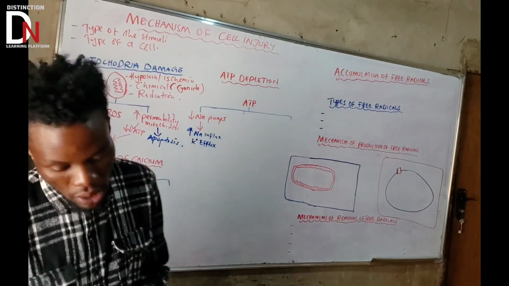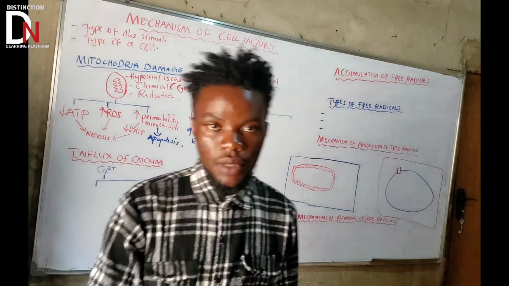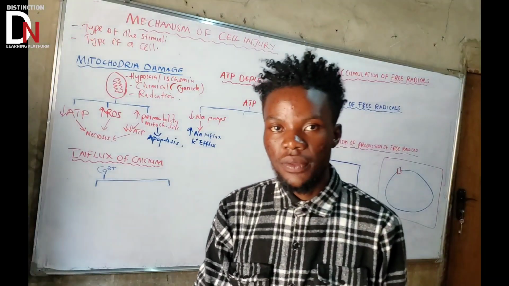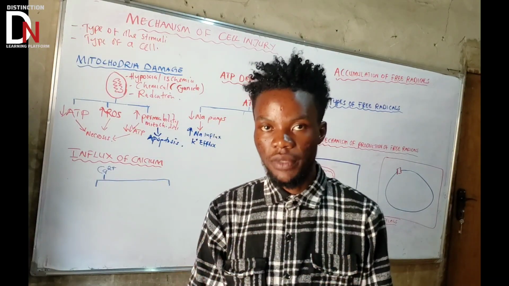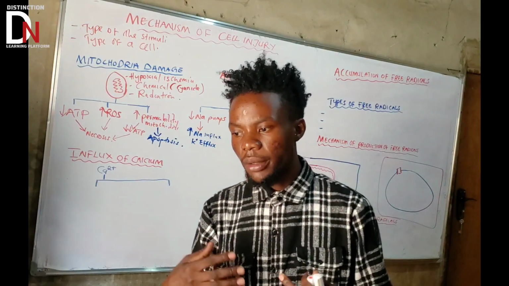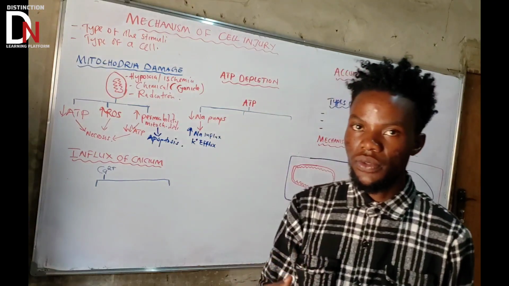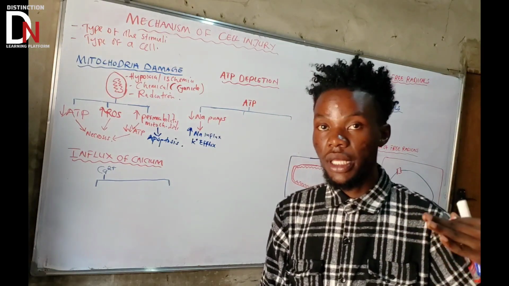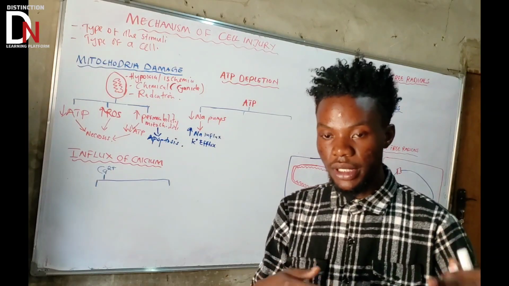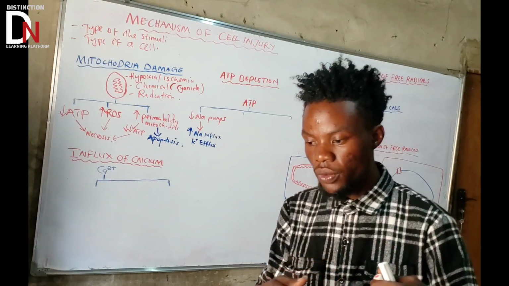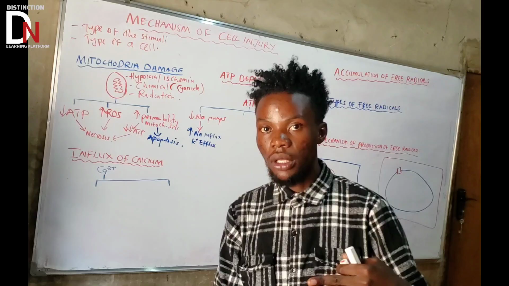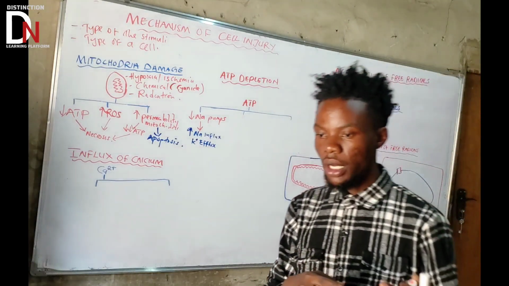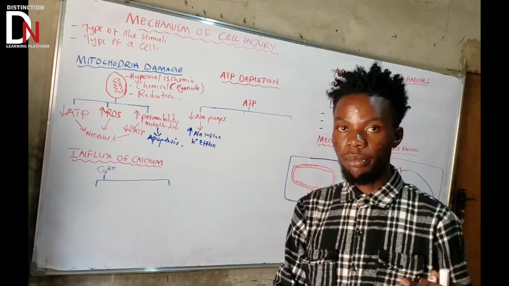So sodium influx, what do I mean? If there is a failure of sodium potassium pumps, sodium will start rushing into the cell, then potassium will start moving out of the cell, because now they are basically not using energy. Mind you that sodium is a lot outside the cell in the extracellular space, so it will start rushing into the cell, because it is going from high concentration into lower concentration.